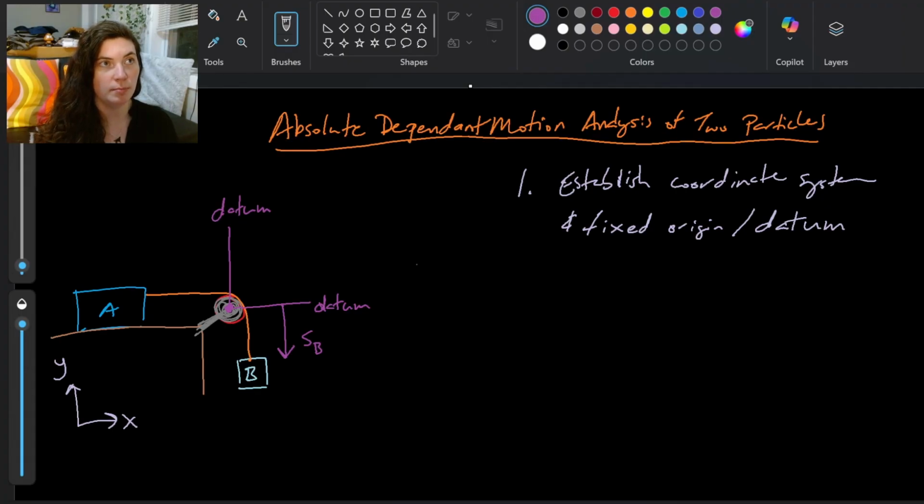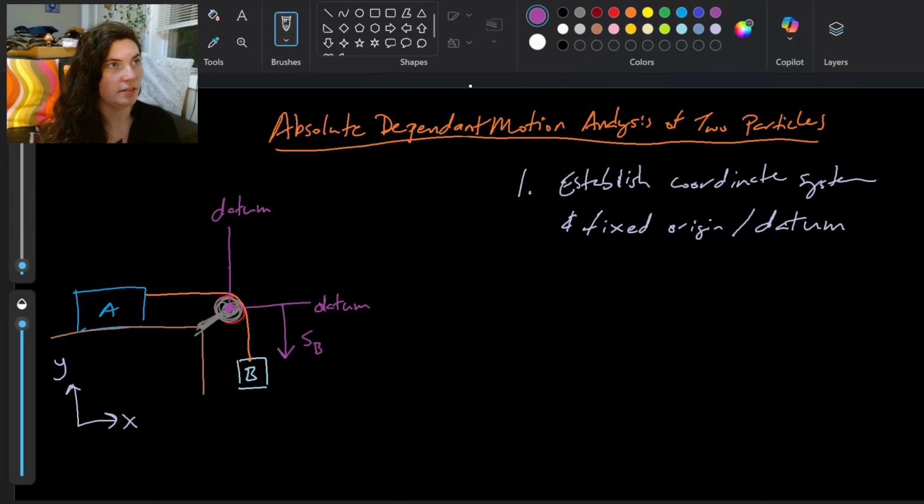Wherever my datum is to wherever that particle is, this is going to be my positive convention. It could be any direction, but wherever I draw the direction of that position, because position is a vector, that's going to be our positive convention. So we're going to assume if B is moving downwards, that's positive.